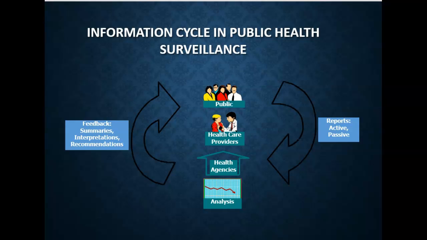At the end of the day, what you're trying to build is a surveillance system under allocated funds, which are not necessarily plentiful always. Even though we're not talking about resource poor settings, a lot of times the availability is just not there. So these are the types of information cycling that takes place within a surveillance system.